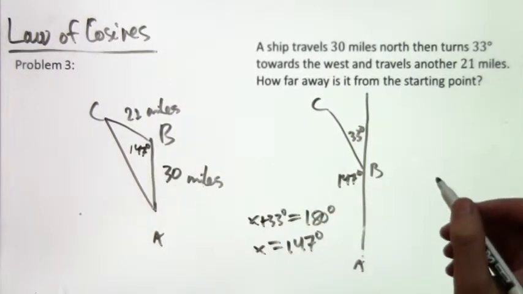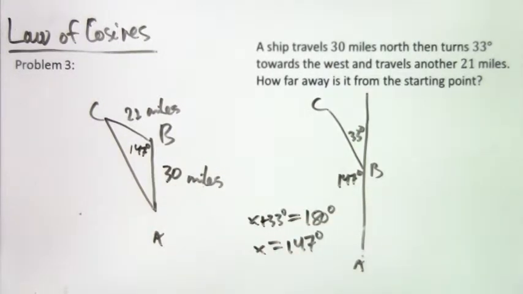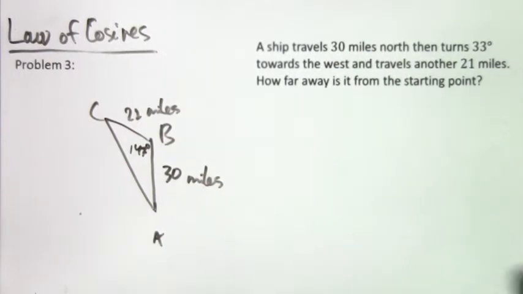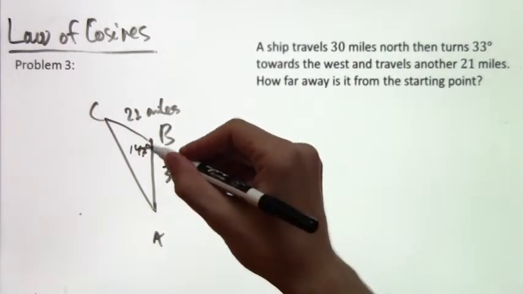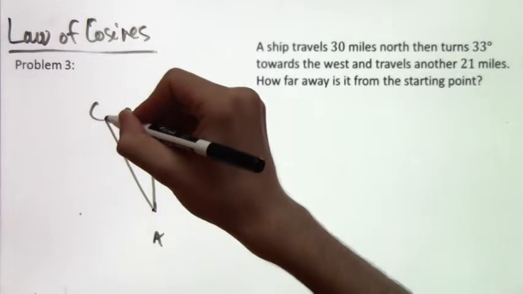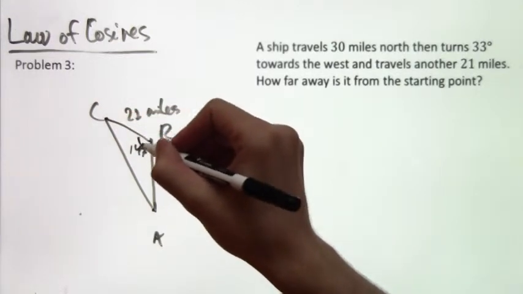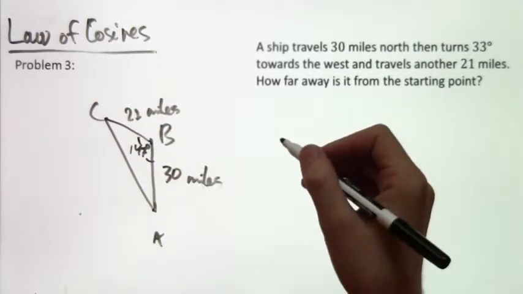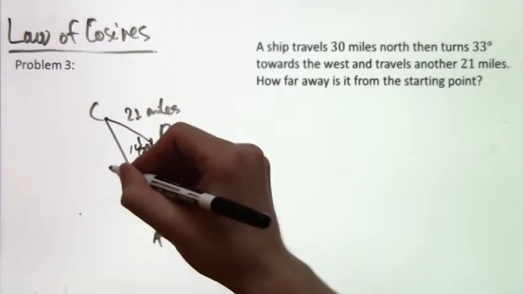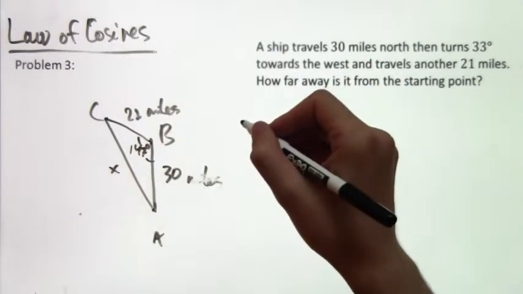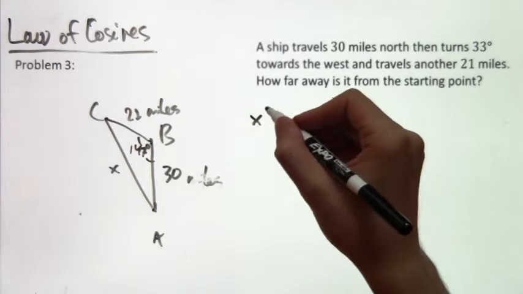Alright, so now that we know what the angle between the two sides is, we can start actually solving the problem. First, I'm going to label the opposite side AC, which is the length we're trying to find, as x.